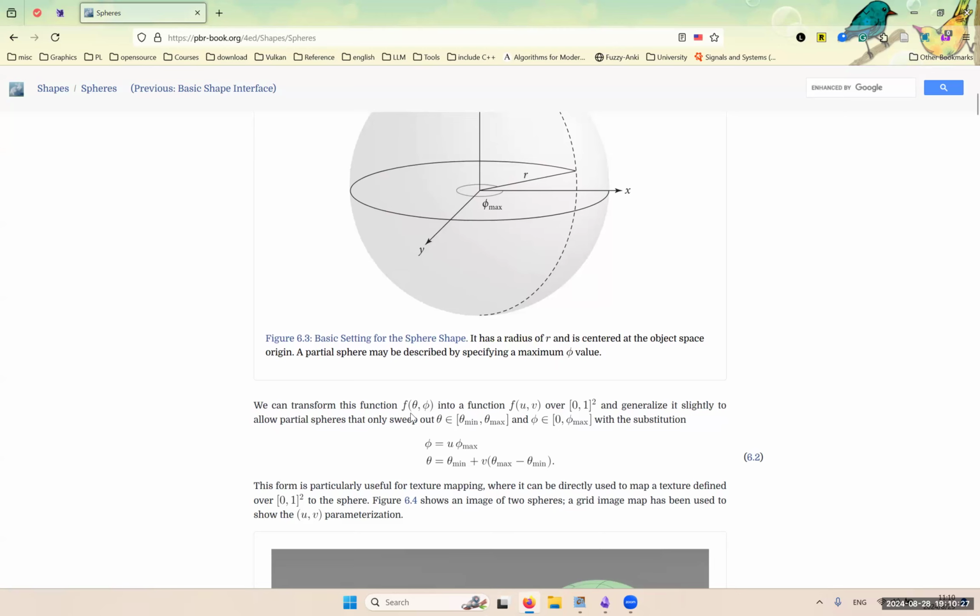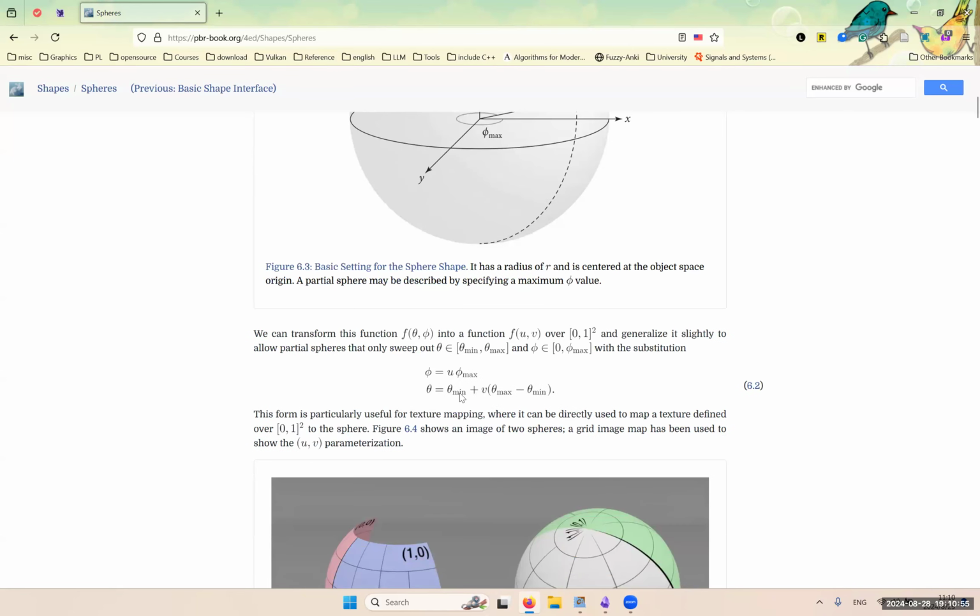We can transform this into a function of u and v over this interval, and then allow partial spheres that only sweep up a certain area with this substitution.